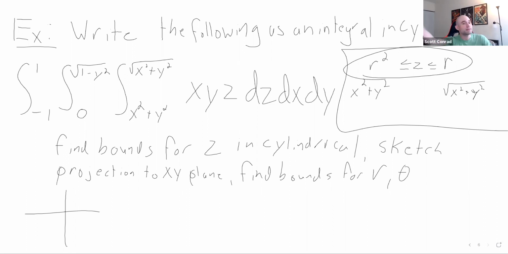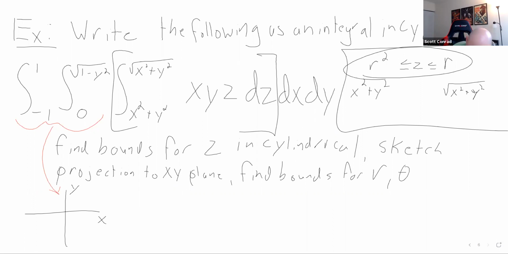Then we forget about z and look at the bounds for x and y. So project down to the xy plane. Okay, so first, let me wall this off here. So we have the bounds for x.